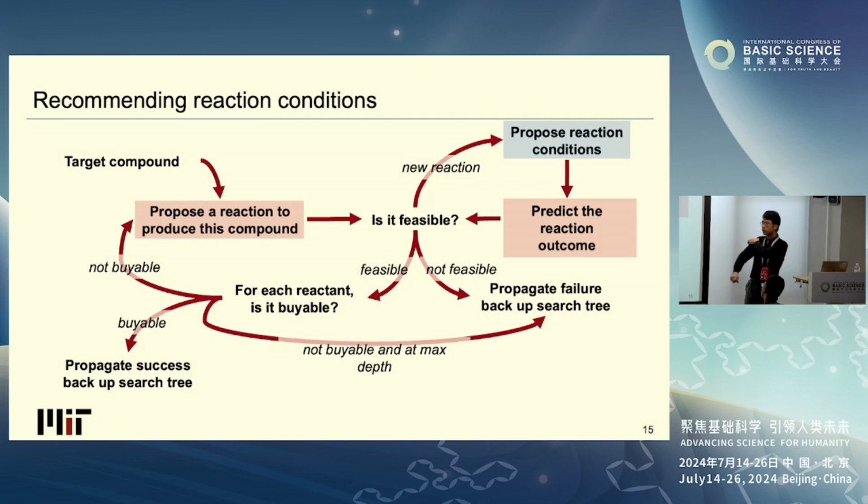And during the building up of this framework, we also need to make sure that the reactions that we found are chemically meaningful. So we have some additional steps. One is to predict the reaction conditions for the transformations that we found, and then we need to evaluate whether we can actually get the reaction outcome that we want.